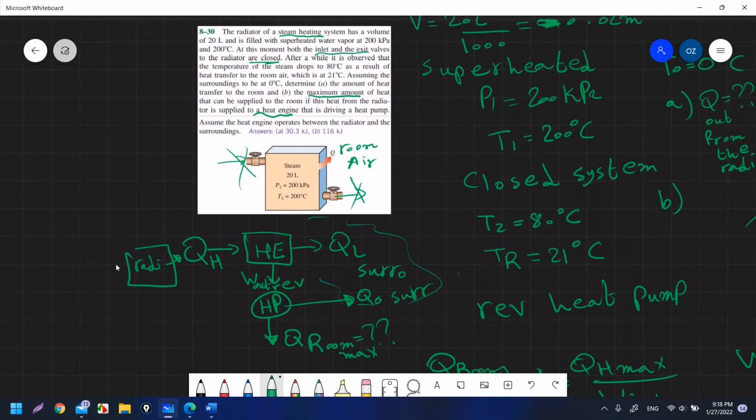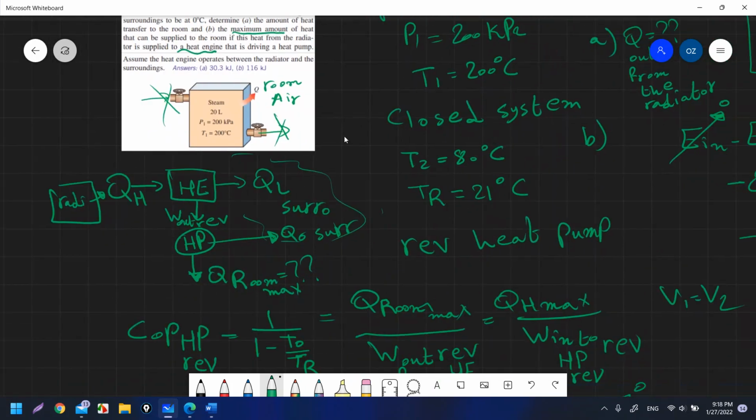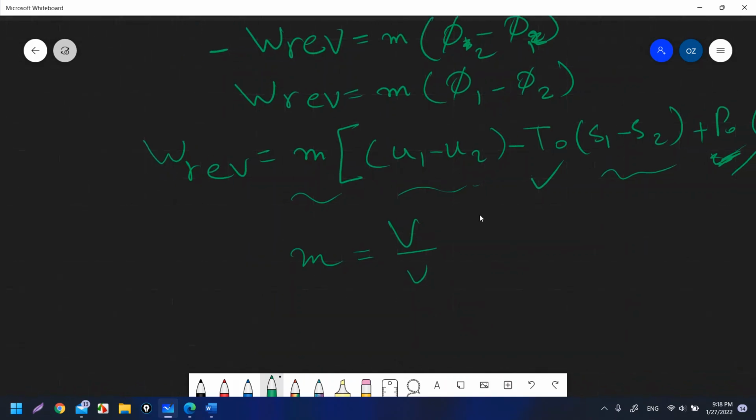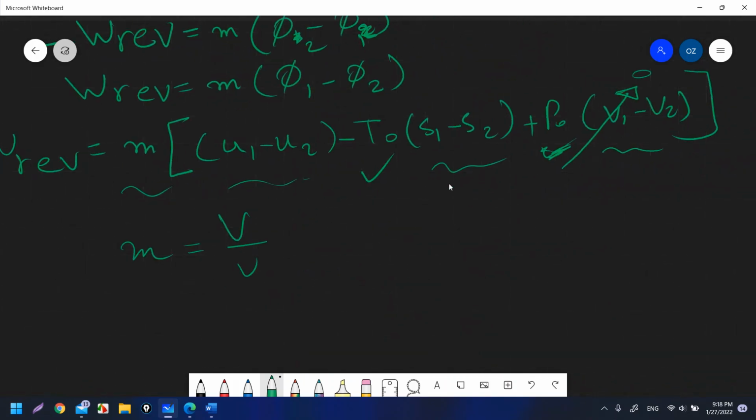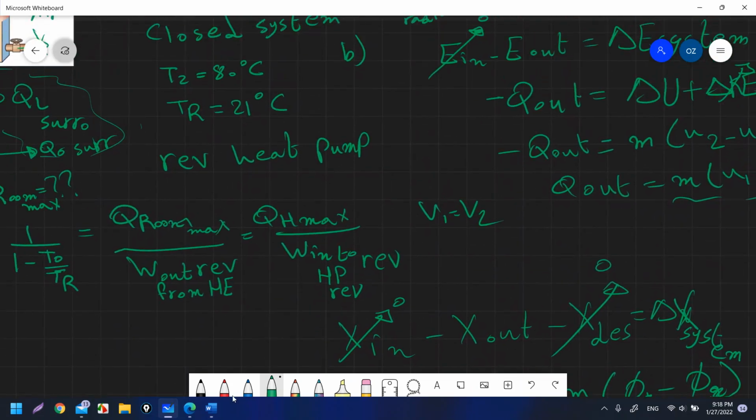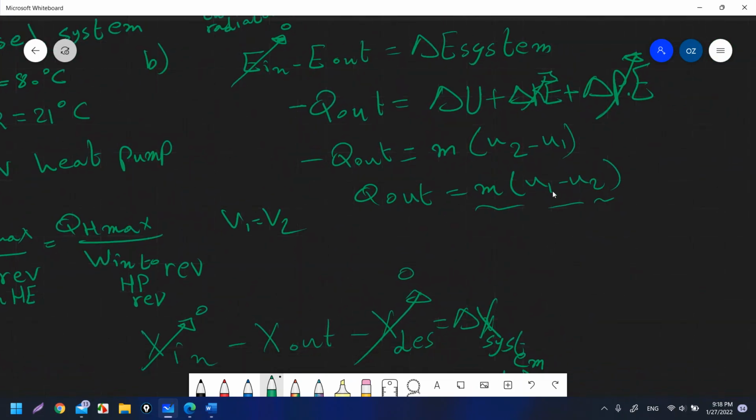I have a table for steam. It is not ideal gas. It is like the refrigerant. I have the table for the steam, so I can find U1, U2, S1, S2, find the work reversible, and then we can also find Q out if we find U1 and U2.